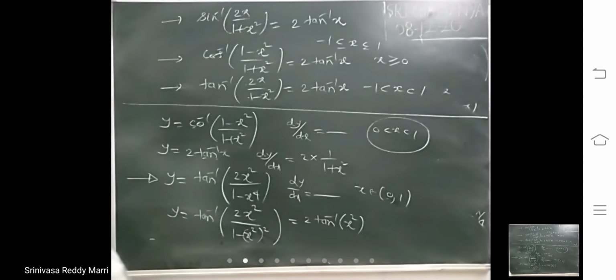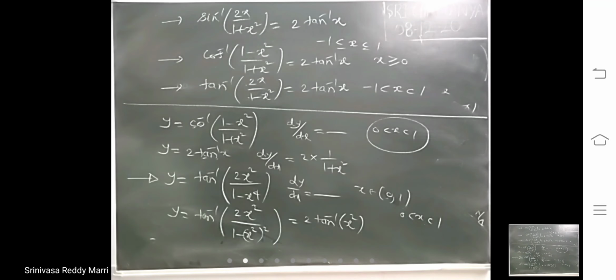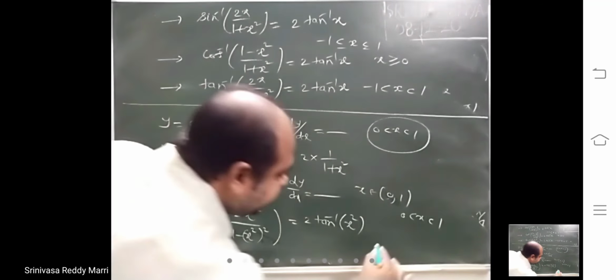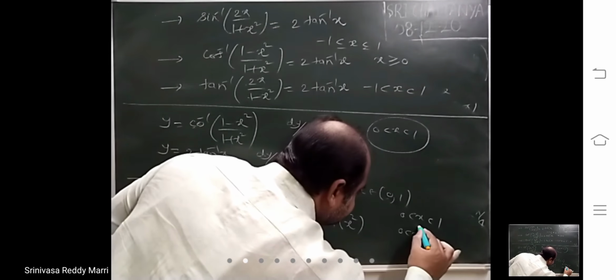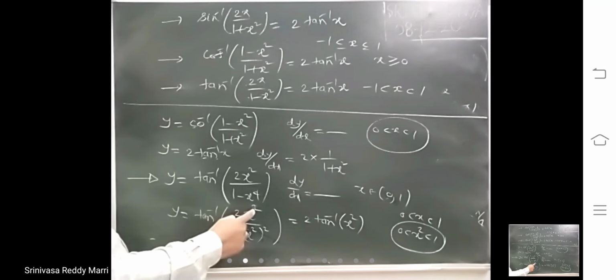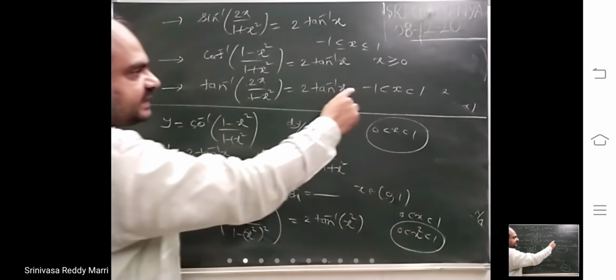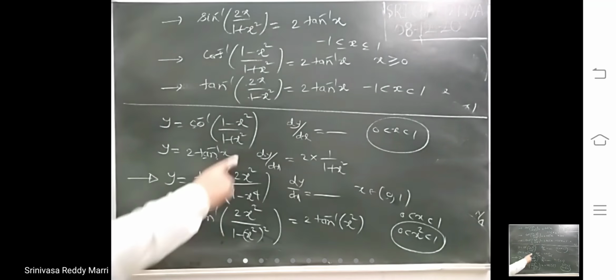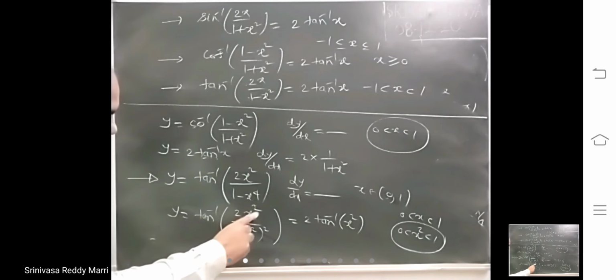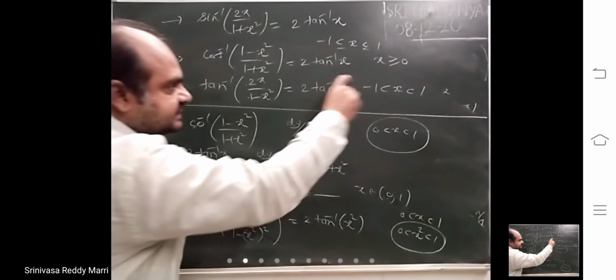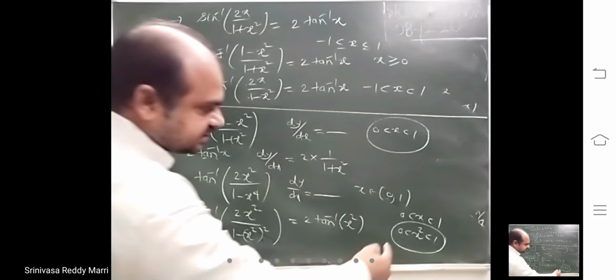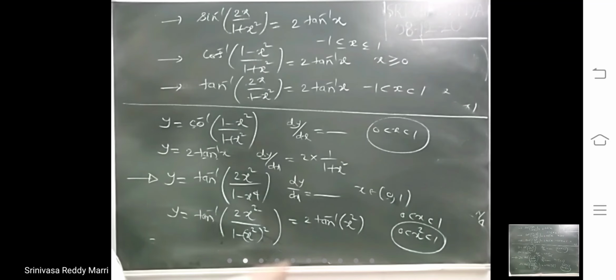Now in place of x, what is there? Given in the question 0 to 1. Where does x square lie? x square will also lie between 0 and 1. Here x must lie between minus 1 and 1, but here in place of x we have x square, and that x square lies in 0 to 1, which is inside this interval.